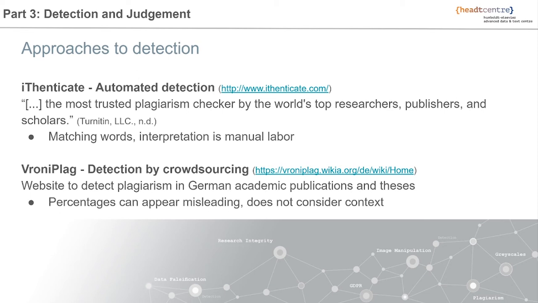I'm going to be talking to you about approaches to detecting plagiarism. Authenticate is one of the most widely used tools for this. Some people know it as Turnitin. Turnitin is used more with undergraduates, and Authenticate is used more by academic publishers. What it does is to match words against a known database of articles.